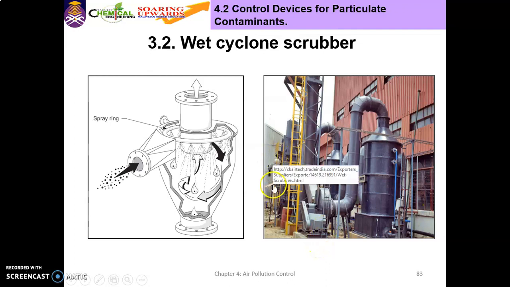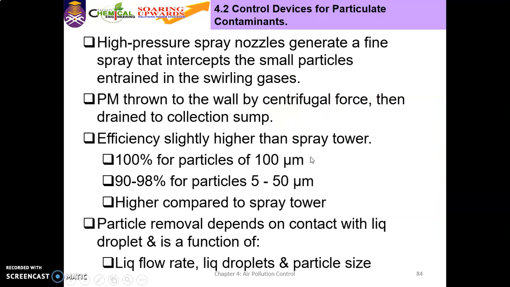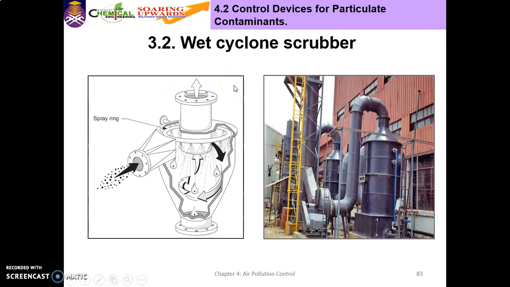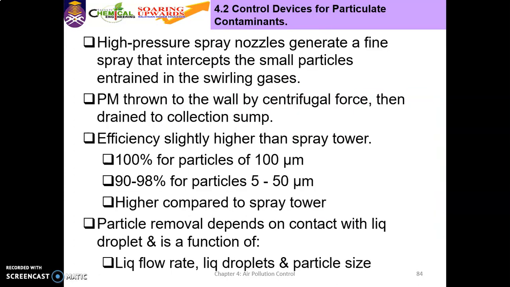Number 2, wet cyclone scrubber. A high pressure spray nozzle generates a fine spray that intercepts the small particles entering in the swirling gases. So the wet cyclone scrubber combines the swirling gases in the cyclone and also the scrubber.